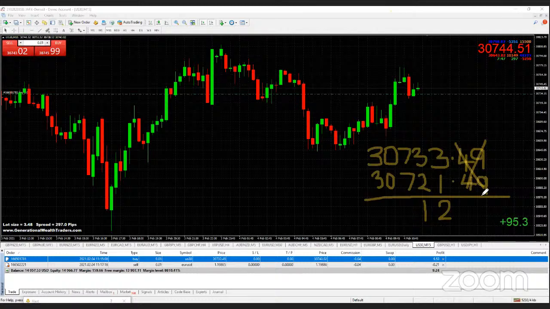Okay, so let's now use the figure which we had. Let's take this away. So assuming we closed at that amount which we had there just now, how would we work it out? So the figure was 748.